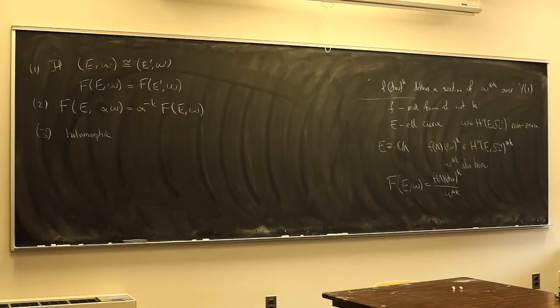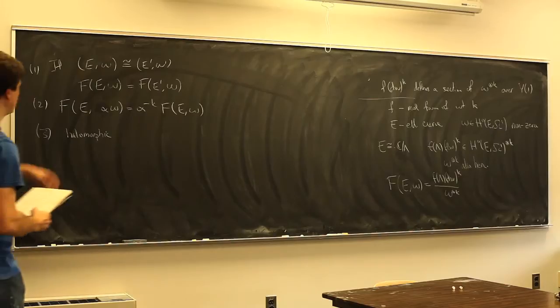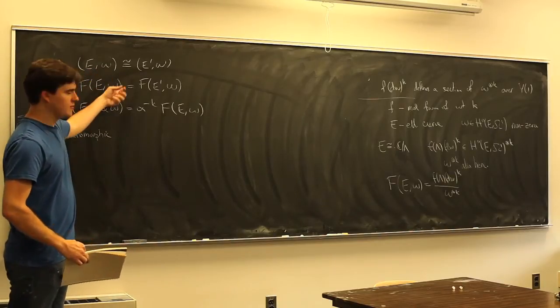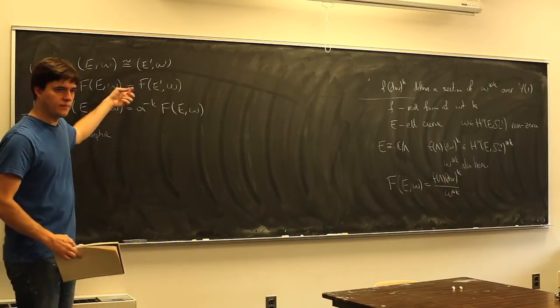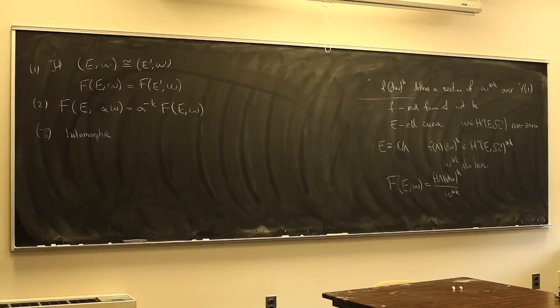So this is basically describing just what a section of this kth tensor power of omega looks like. It's just a rule that assigns to every elliptic curve and one form on it some number and scales in these ways. So this is the modular interpretation of modular forms. This is what they mean in terms of the modular problem. Are there any questions about this?